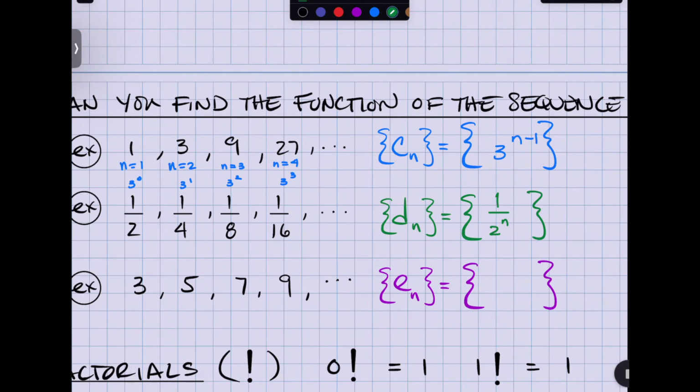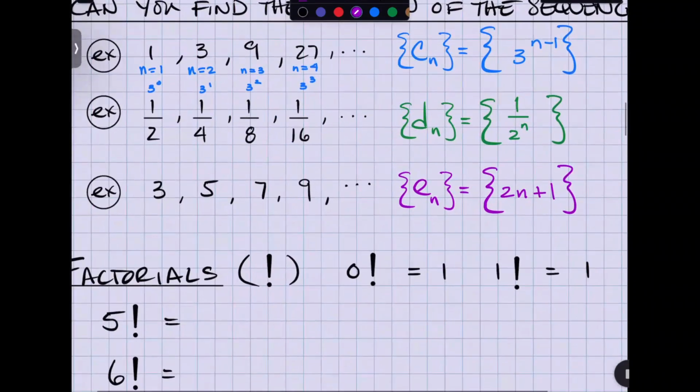How do I get 3, 5, 7, 9? 2n plus 1. Cheater. Right? And try these, guys, because this is n equals 1, n equals 2, n equals 3, n equals 4. See if that works.